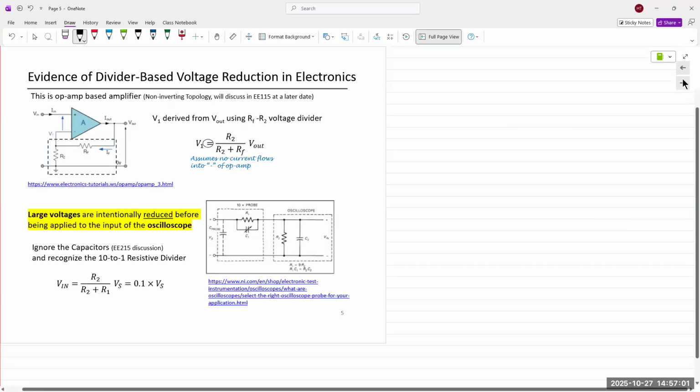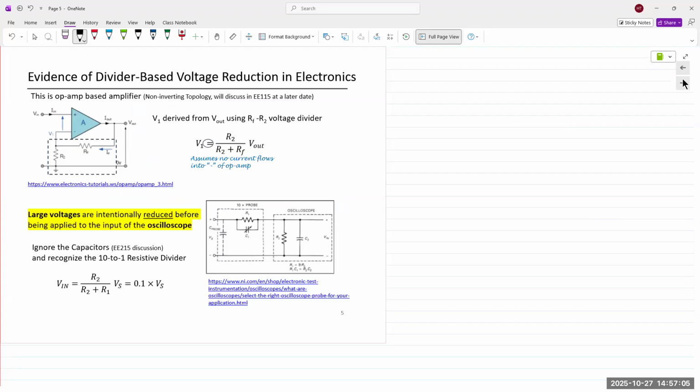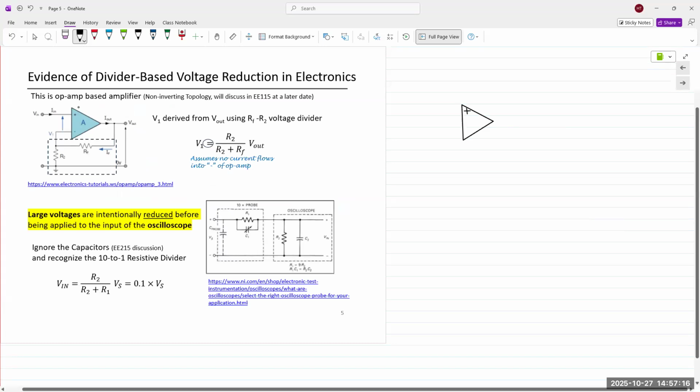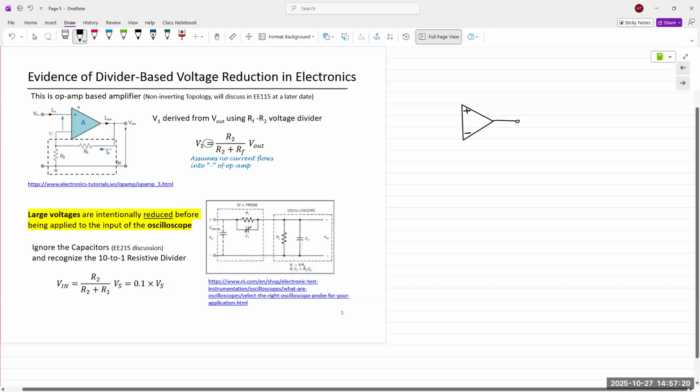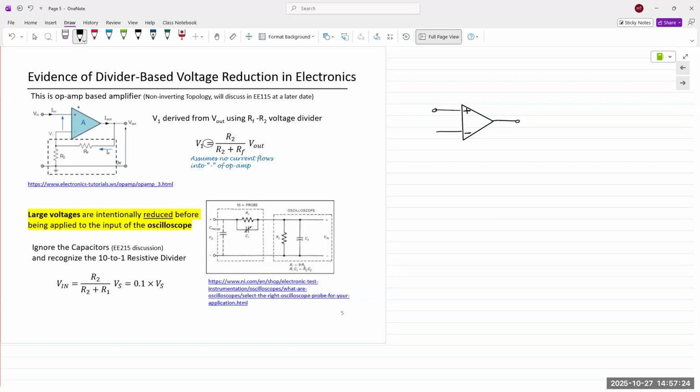Other places where we apply the same kind of voltage reduction or voltage division principle is in a circuit known as an op-amp. An op-amp is something we study here in this class. An op-amp is short for operational amplifier.